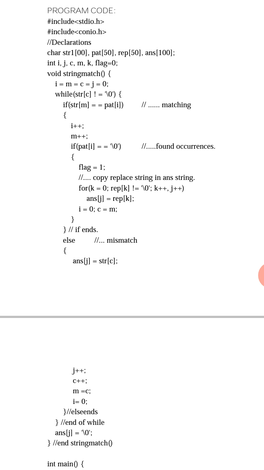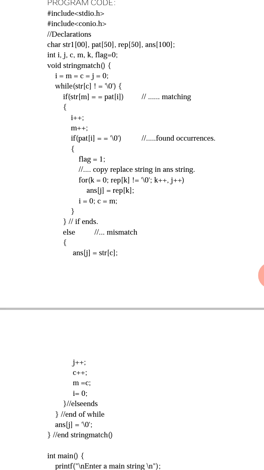Wherever the pattern is found, you simply replace that with the replacing string with the help of this for loop and copying of the replacing string to the answer string.